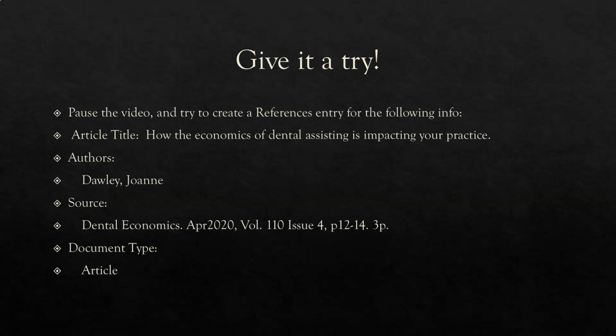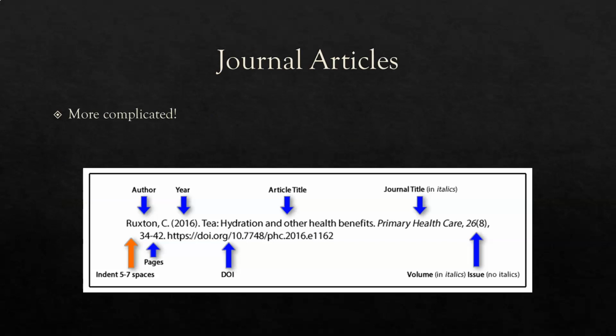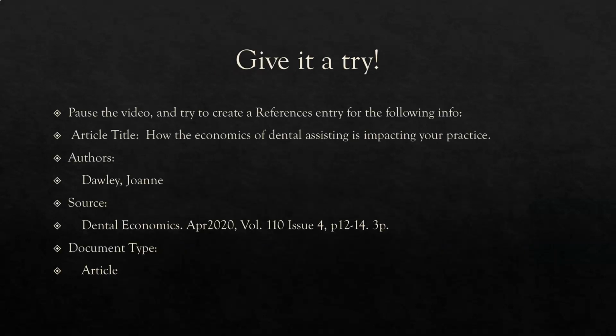It starts on page 12 and concludes on page 14. With this information and the notes that you've taken about the actual formatting for journal articles, create a rough references entry. In the next screen, we're going to take a look at the answer.